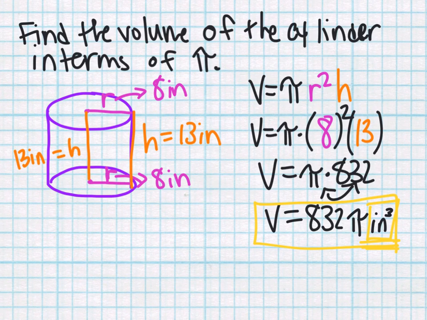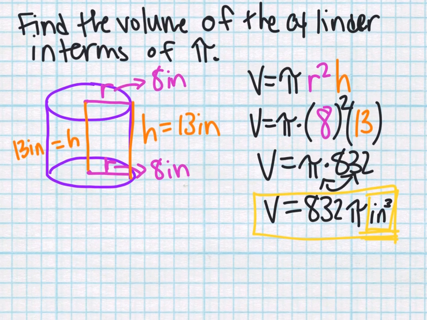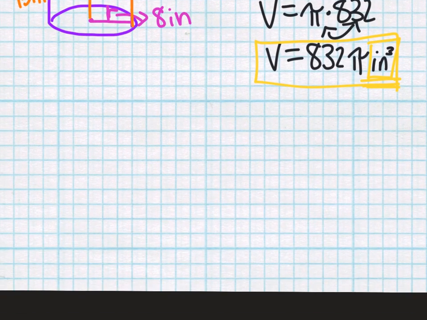Okay, let's try finding the volume of a cone next. So I'm going to move in a little bit more space so we can do another example. Volume of a cone.